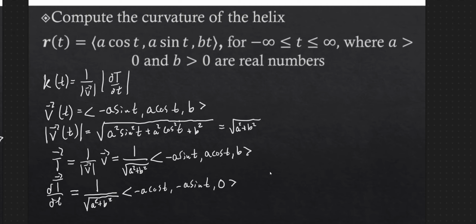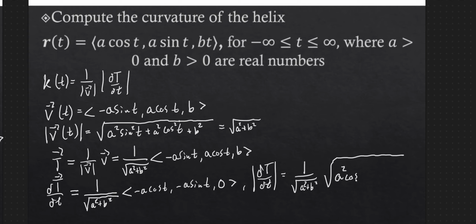And then let's see what's the magnitude of dT/dt. Well, again, I can pull out this constant multiple. It's 1 over the square root of a squared plus b squared. And then times the square root of, so magnitude of this vector, so that's a squared cosine squared t plus a squared sine squared t.